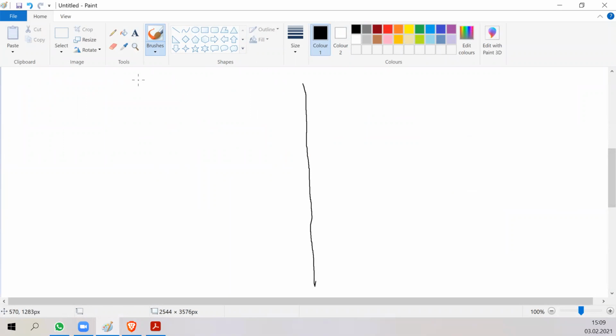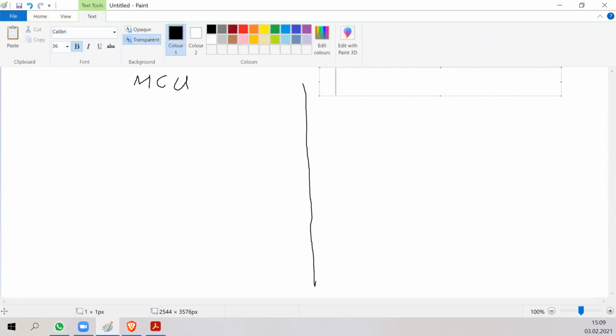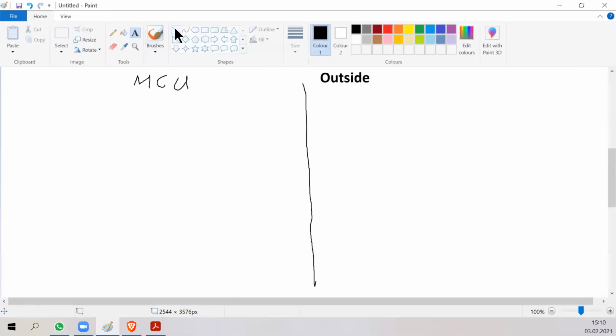The left part is inside the microcontroller MCU, and the right side is the outside world. Outside of the microcontroller, you just see a pin of a microcontroller. And you can solder a wire to it and connect it to an LED, or you can connect it to a switch if you want to use it as input.